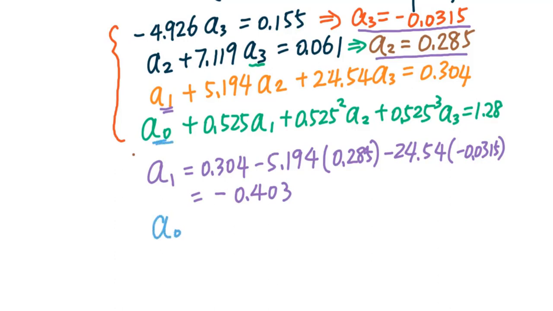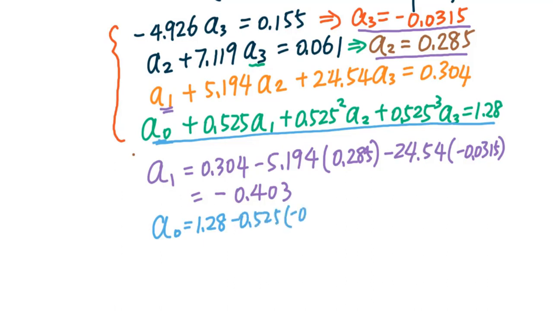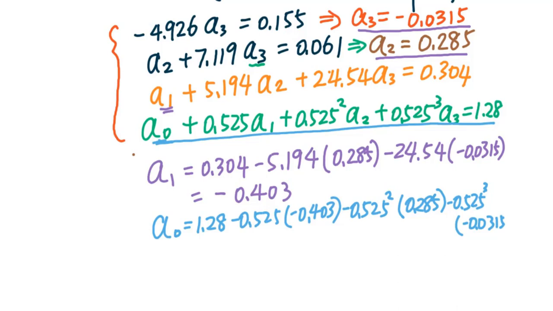We will put it into this equation. You will get 1.28 minus 0.525 times negative 0.403, then minus 0.525 squared times A2, that is 0.285, then minus 0.525 to the third power times negative 0.0315.